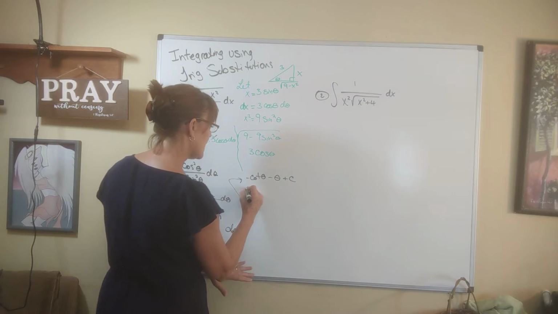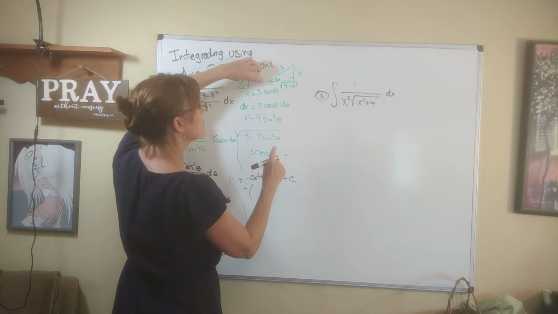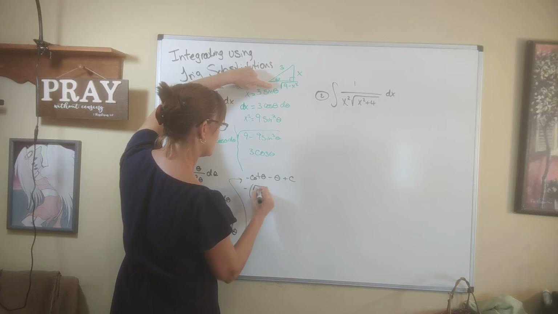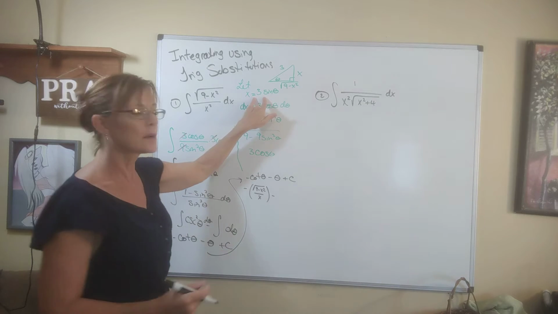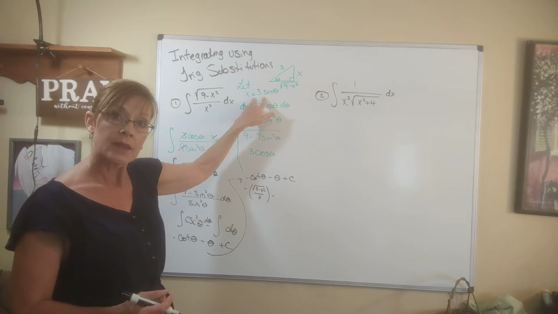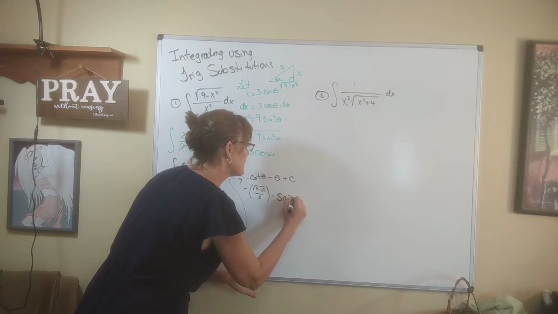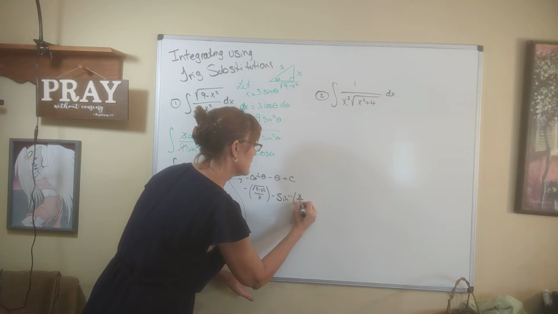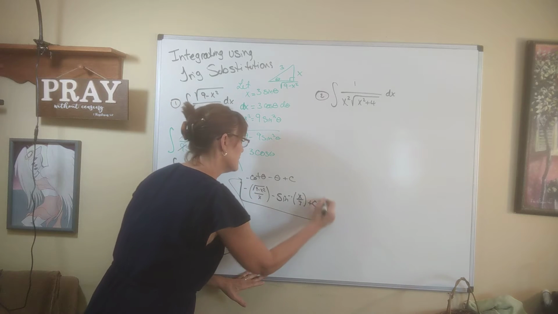So according to my triangle, this is going to be negative the square root of 9 minus x squared over x, minus theta. Okay, how am I going to figure that out? Well, right here, the sine of theta is x over 3. So theta would be the inverse sine of x over 3, plus a constant. So this is my answer right there.